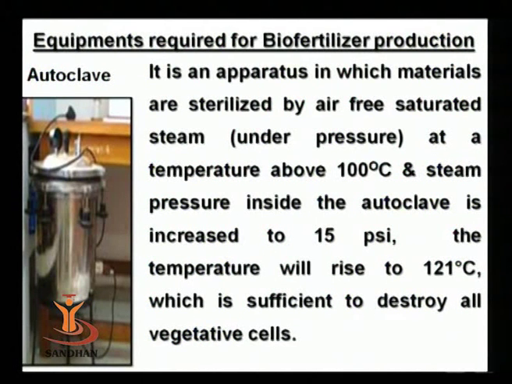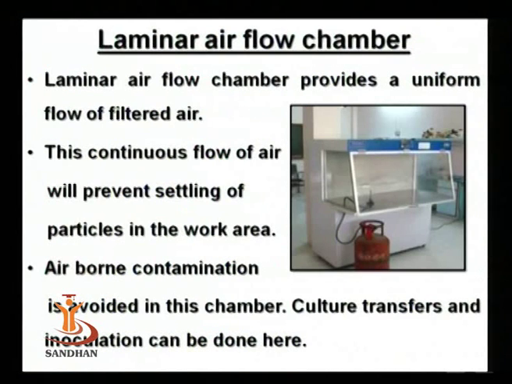So the autoclave is an apparatus in which we can increase pressure, and by that we can increase temperature. So steam under pressure is the main principle behind the autoclave. And whenever we want to remove vegetative cells from all the necessary things which we are using, we have to autoclave them first.